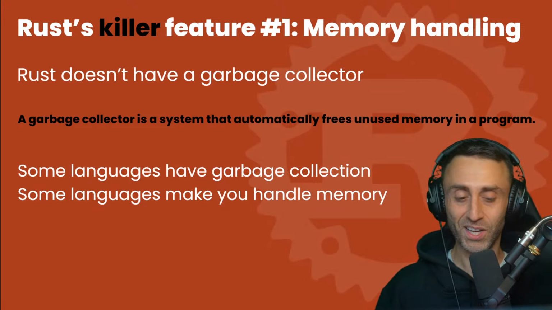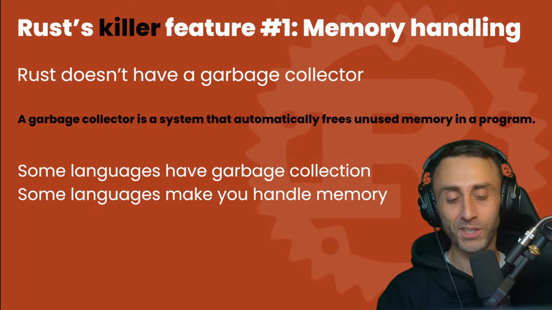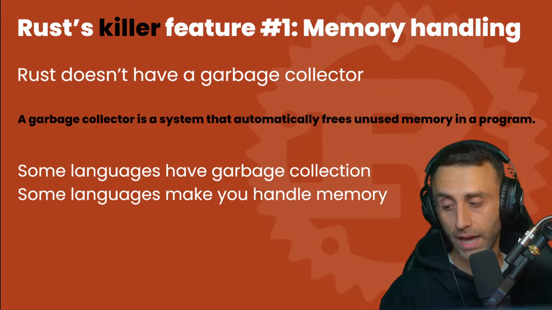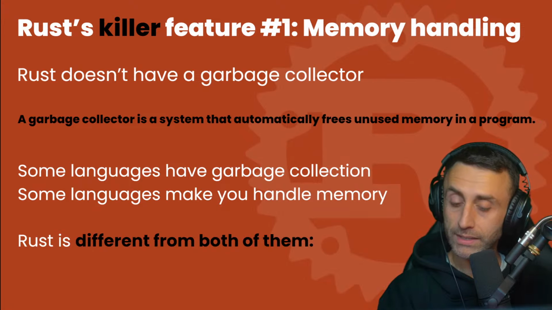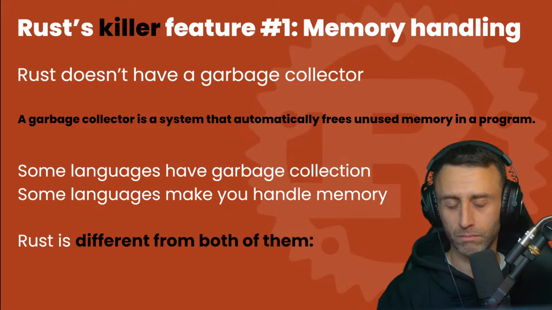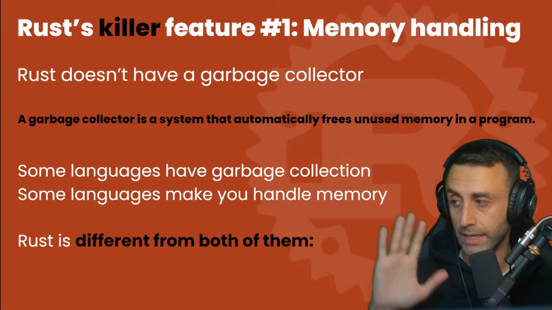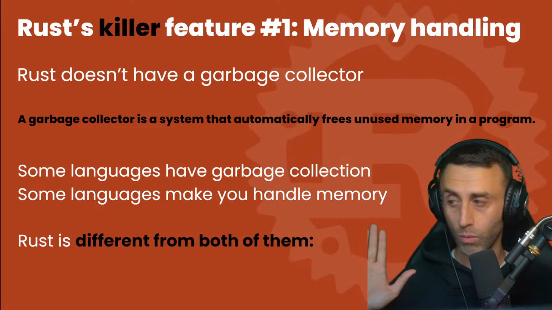I've done this on my own during college time, and it's really a nightmare. So Rust is different from both of them. Here I had my first moment when I said, okay, wait.